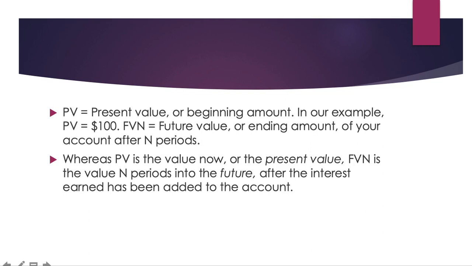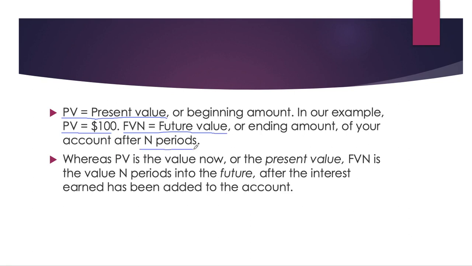So we will use the notation here: when we write PV, that will represent the present value or the beginning amount. And let's say in our example, suppose the present value is $100, and the future value we can denote with FVN.